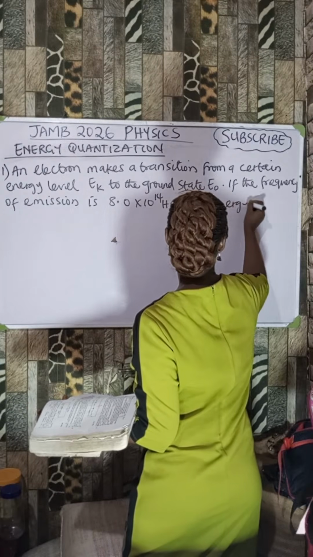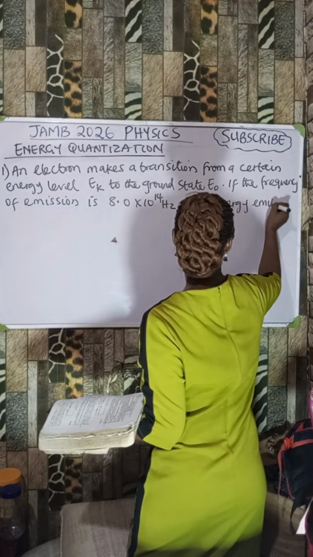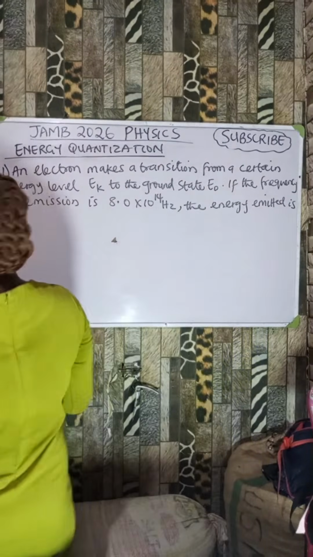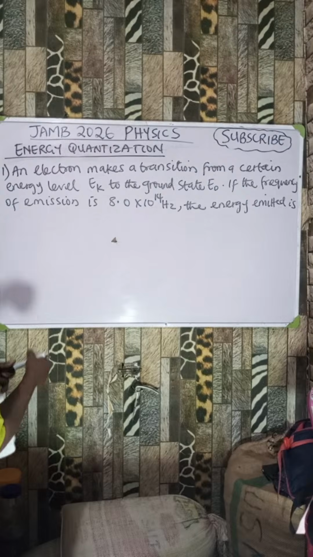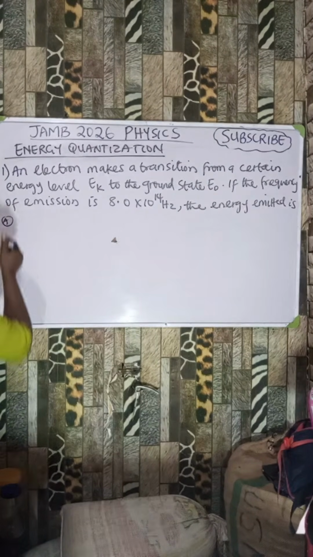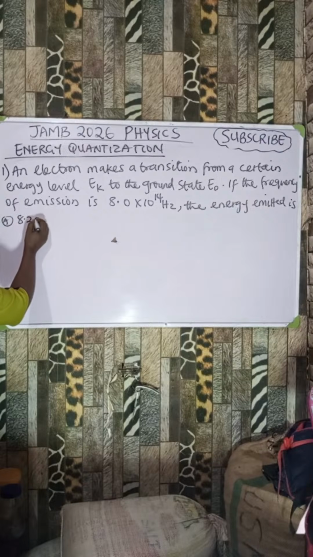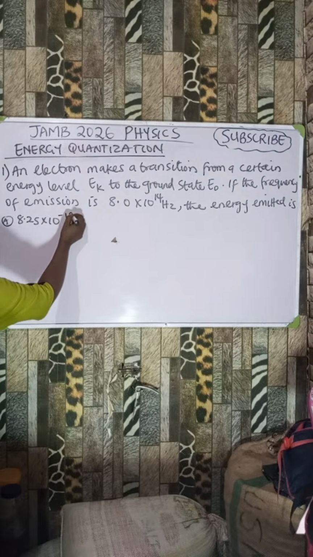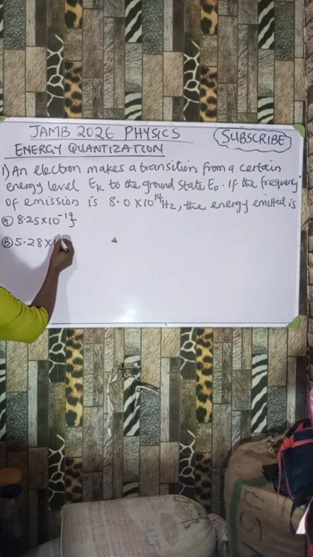The energy emitted is what? You have the following options. Option A, we have 8.25 times 10 power minus 19 joules.